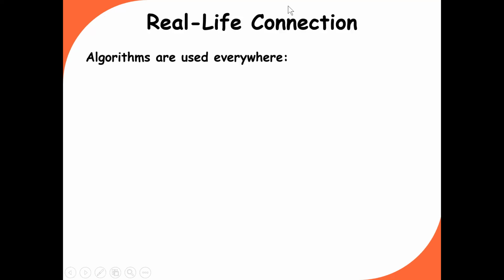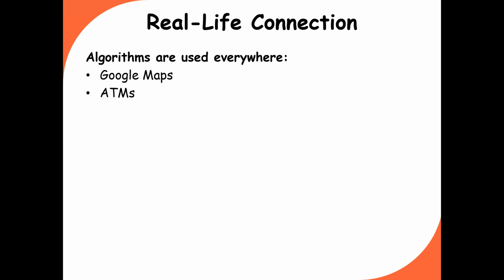Next we have for today is real life connection. Algorithms are used everywhere. Everywhere you go, we use algorithms. Google Maps uses algorithms. If you want to go to another state, we can follow Google Maps. First we enter our destination, and then Google Maps will know where we are going and give us the correct route.